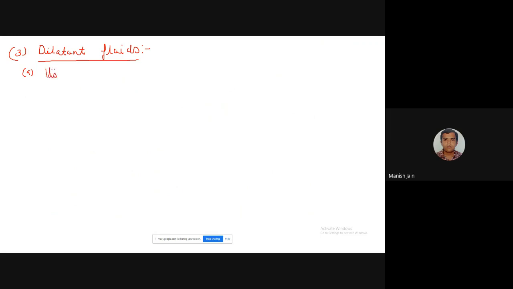So viscosity depends upon the shear rate, meaning dvx by dy.